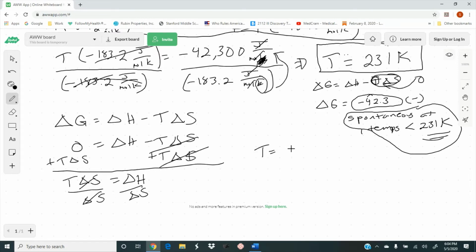T is equal to delta H over delta S when delta G equals 0. When delta G doesn't equal 0, that's not the case. But in this case, this is your equilibrium temperature right there.